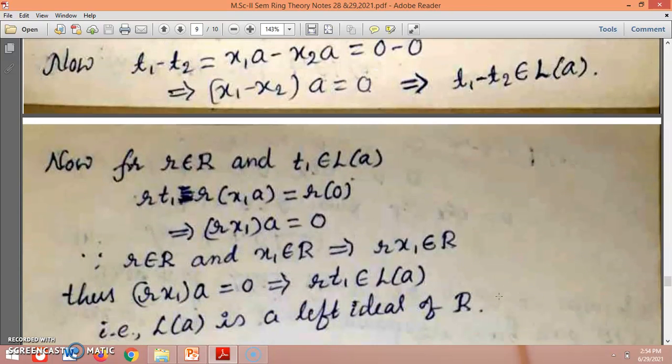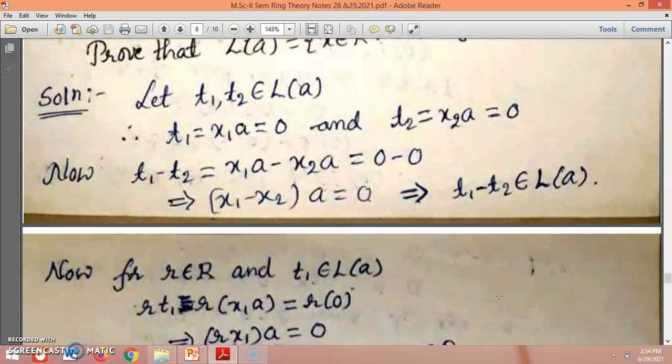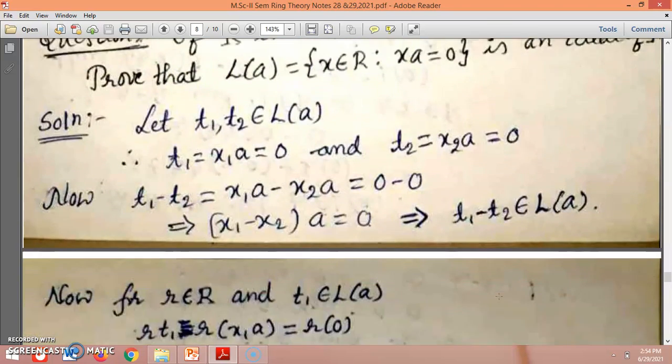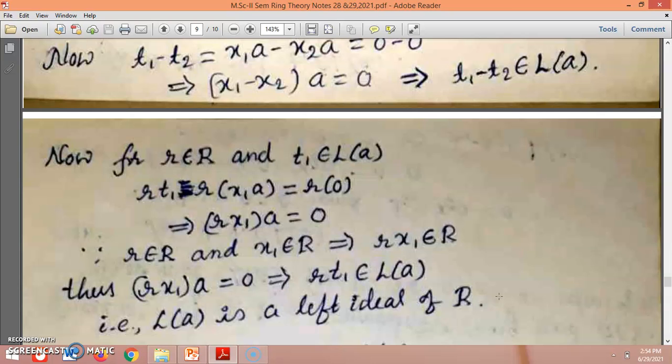Now take any element of the commutative ring R, so let r be a member of R. Also T1 is a member of LA, that means x1a is 0. Then rT1 equals r into x1a, which equals r of 0, because LA is defined by xa equal to 0, so x1a is also 0.